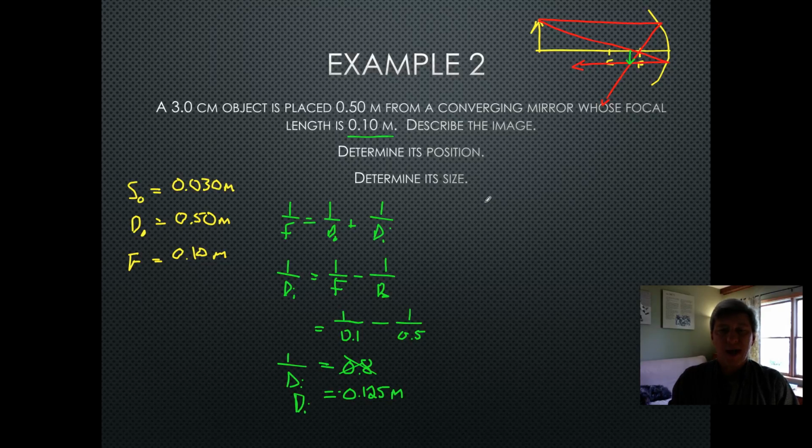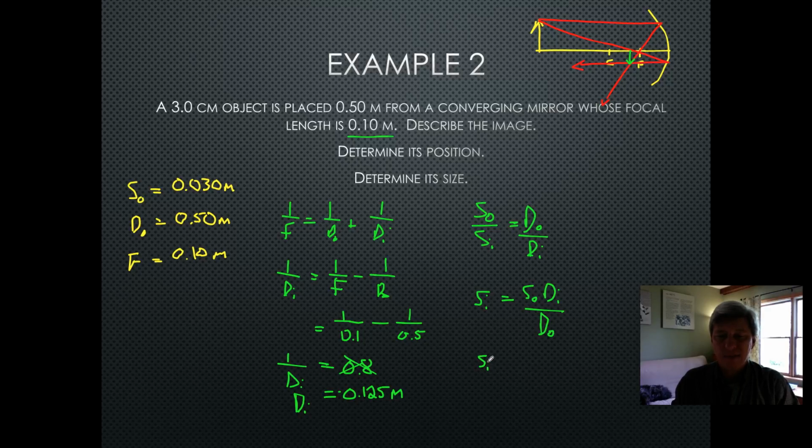To determine its size, the size of the object over the size of the image is going to equal the same ratio of distance of the object over the distance of the image. And so therefore, the size of the image is going to equal the size of the object times the distance of the image divided by the distance of the object.